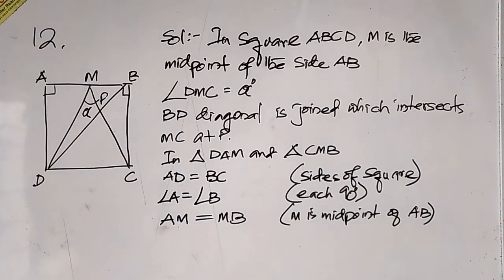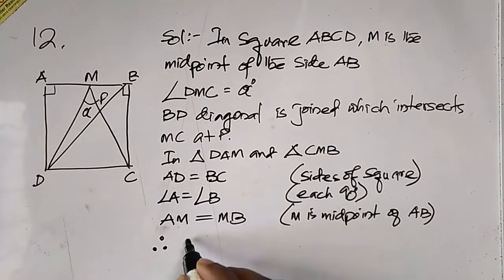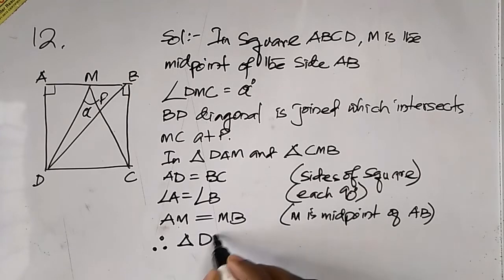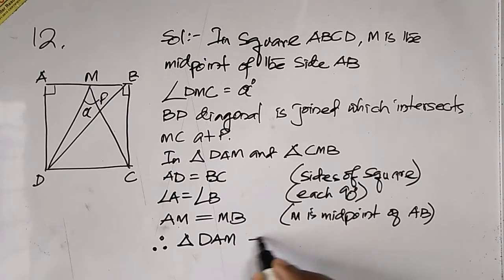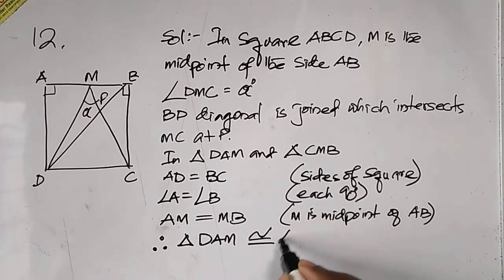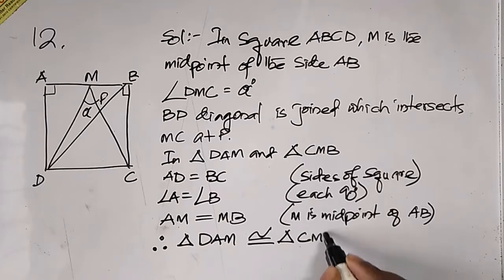Right? I hope you have understood till here. Now, by these three axioms, we prove that these two triangles are congruent to each other. And that's the reason why we can write here, therefore, triangle DAM is congruent to triangle CMB. Right? These are congruent to each other.